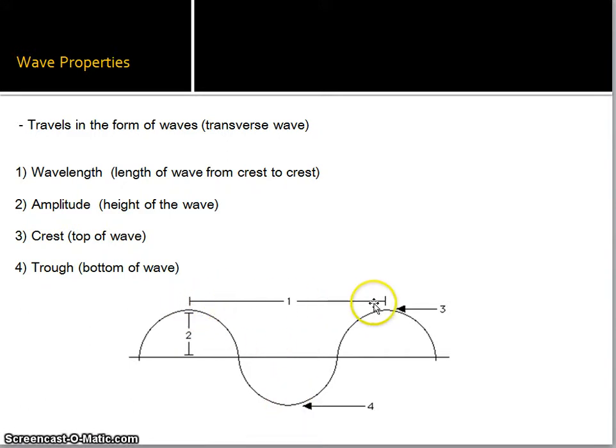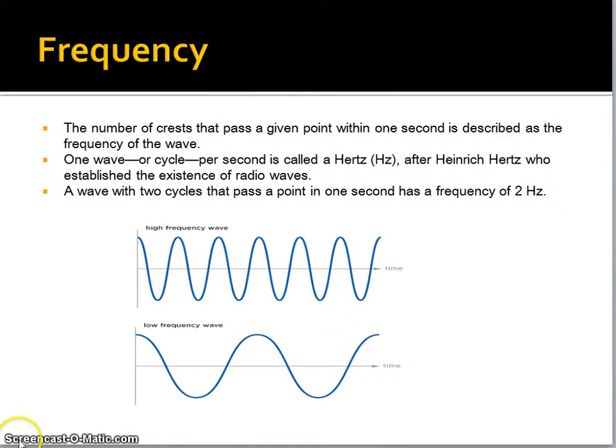And we will be talking about wavelength a lot with electromagnetic energy. Since now we know what a wavelength is, so here would be one wavelength, we can talk about frequency. We can talk about how many of those waves pass a given point within a second. And that is the frequency. We're going to be talking about the frequency of the gamma rays versus the radio waves.